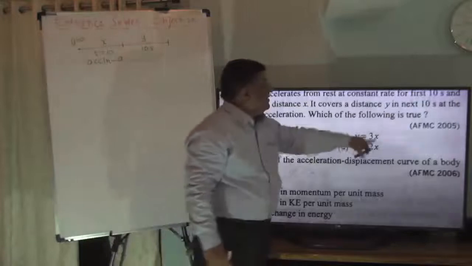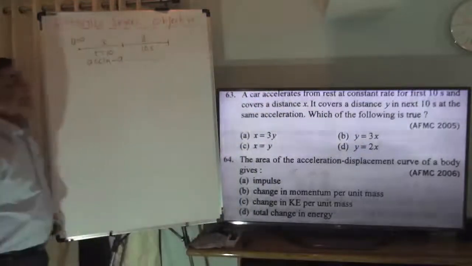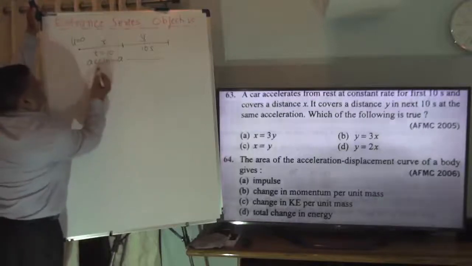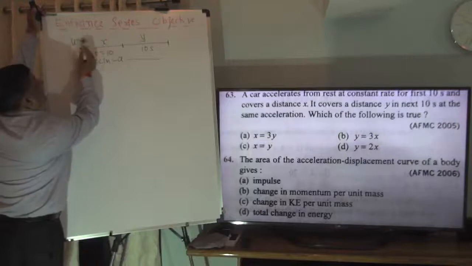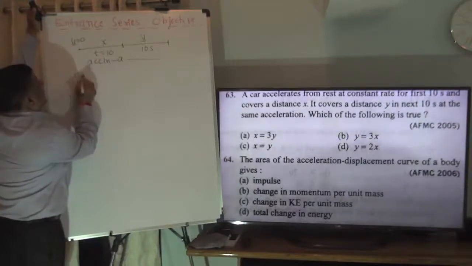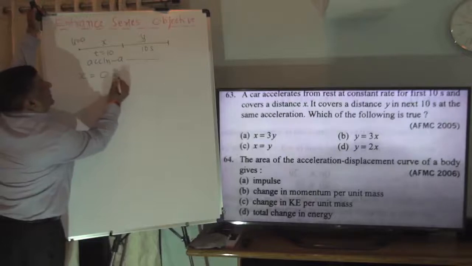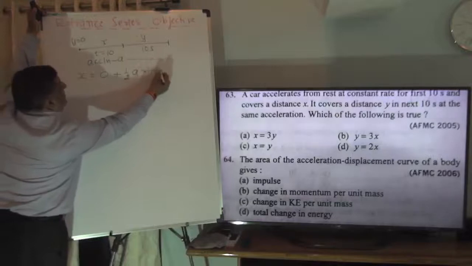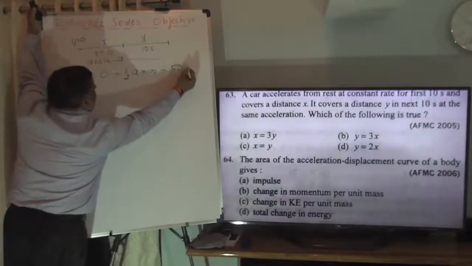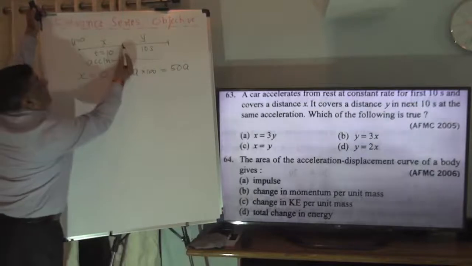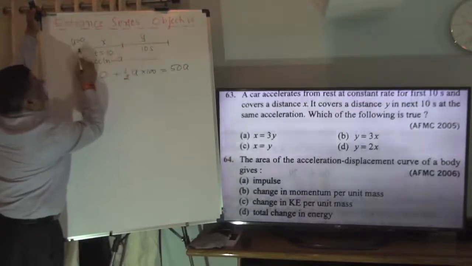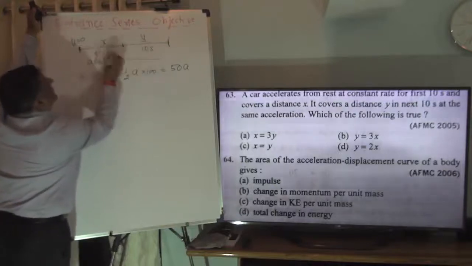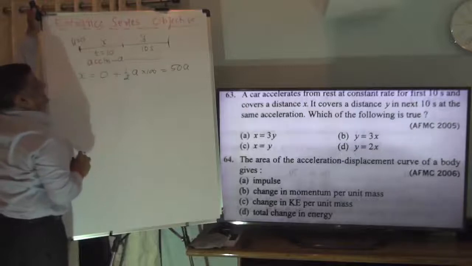Actually it is the same question that you have done earlier. Anyway, since it has come, we will do it again. For x, acceleration a, starting from 0. So s is equal to ut plus half a t square, which is half a times 100, so this is equal to 50a. Now for y we do not know u, so we will start from here. 10 seconds and 10 seconds, 20 seconds, then we will subtract this distance.